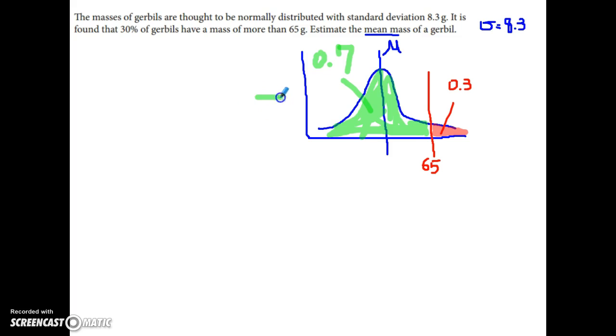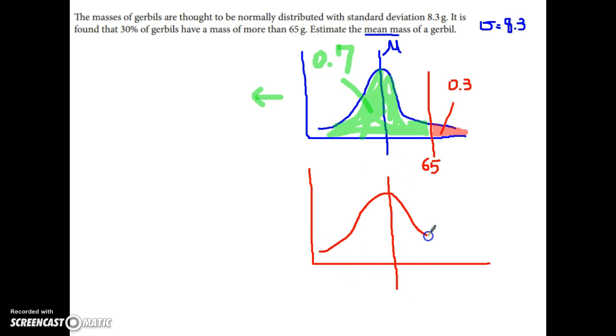We're kind of stuck here. This is when the standard normal distribution is going to help a lot. When you convert this to a standard normal distribution, remember, for a standard normal distribution, your mean is always 0.